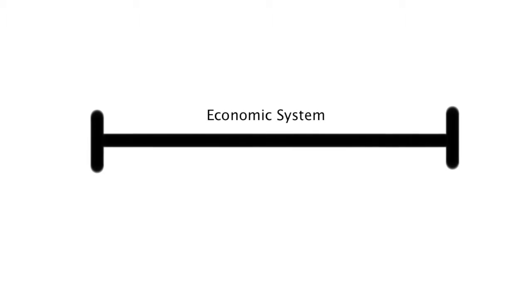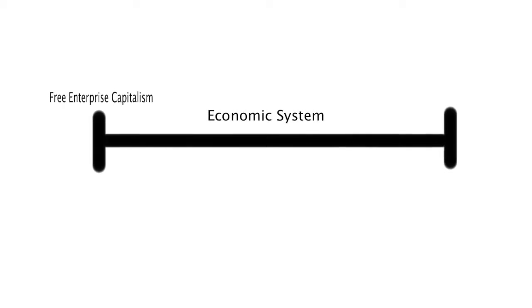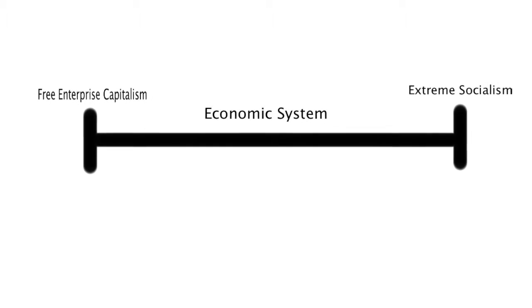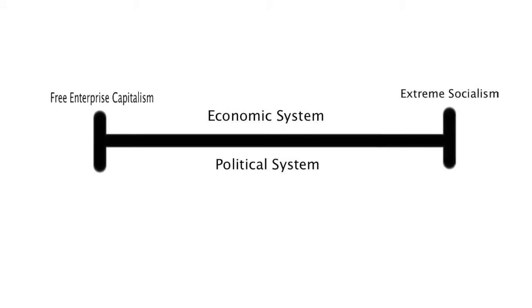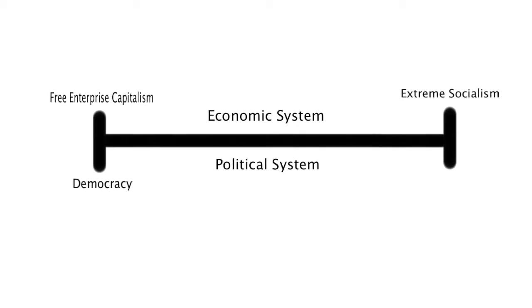And now we have a snazzy little graphic for you. First, you have a spectrum. Then you have an economic system, which is one part of the spectrum. You have capitalism on one side and extreme socialism on the other. And then another part of the spectrum is the political system.